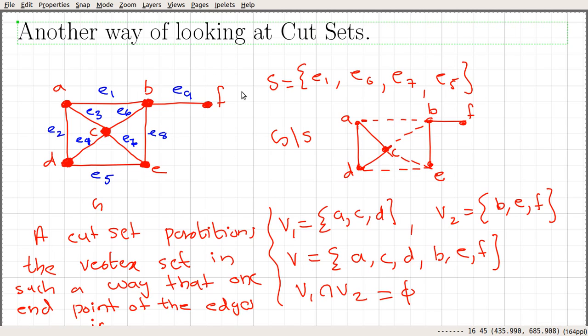So a particular cut set partitions the vertex set into two in such a way that each part corresponds to an induced subgraph of the original graph, and for any edge in the cut set, one endpoint is in V1 and the other endpoint is in V2. This is another way of looking at cut sets.